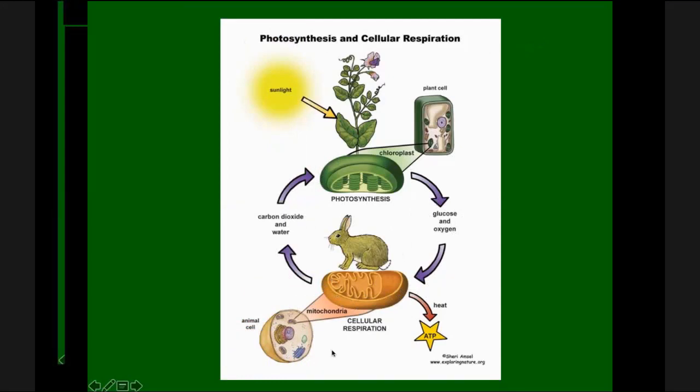And as they break down that sugar, they're going to chop it back down to the carbon dioxide and water, right? So in other words, photosynthesis is the anabolic building. Cellular respiration is the catabolic pathway, breaking it down. So you're building sugar, breaking it down, building sugar, breaking it down, building sugar, breaking it down.